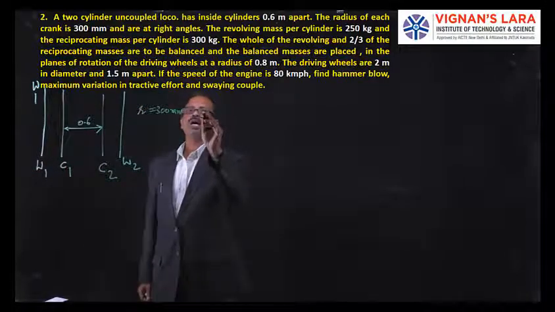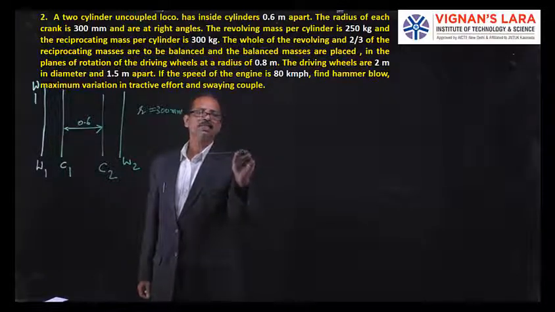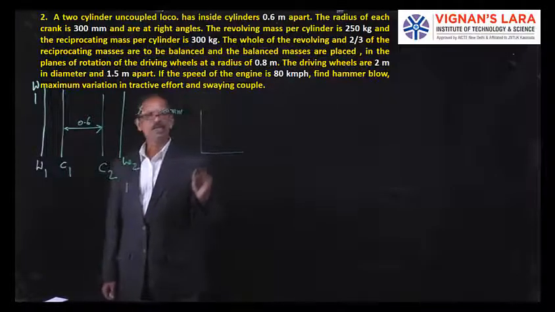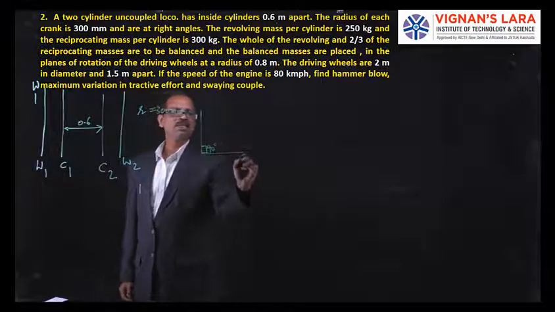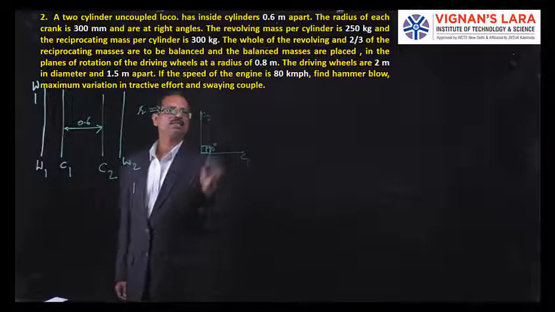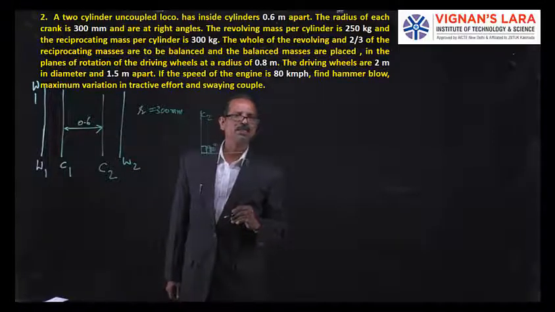If you draw its side view, if one is like this, the other one is perpendicular to this, at 90 degrees. Say C1 is here, then crank C2 is at 90 degrees.